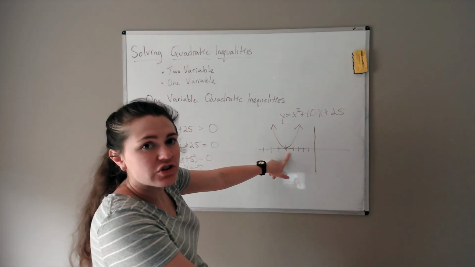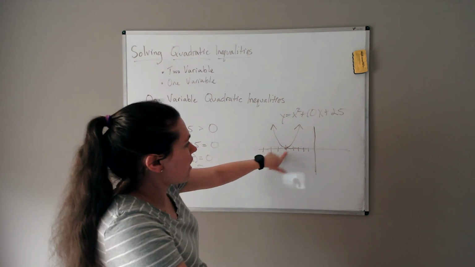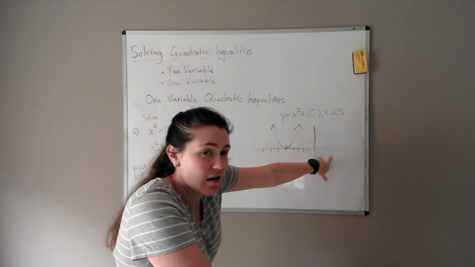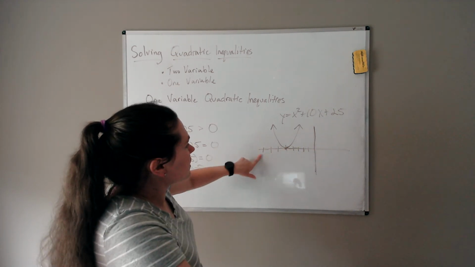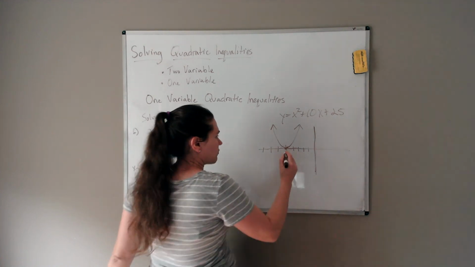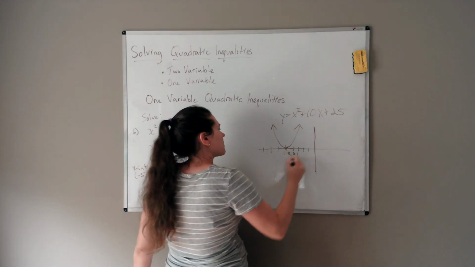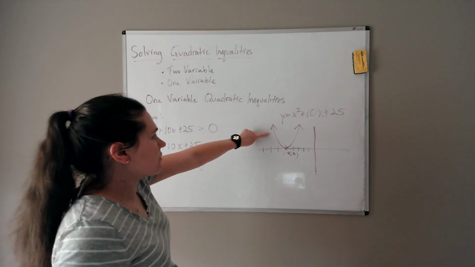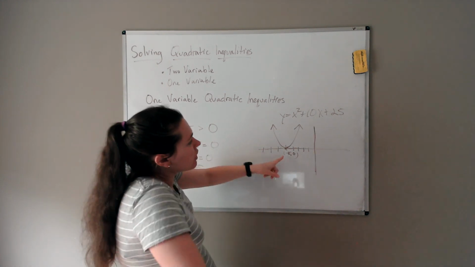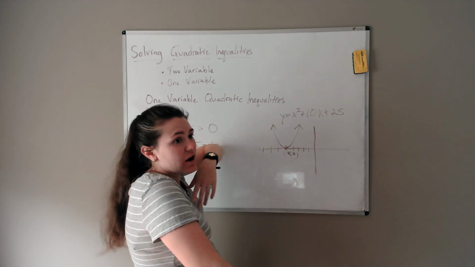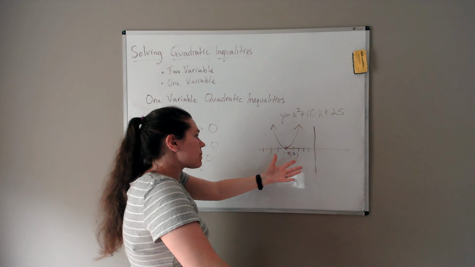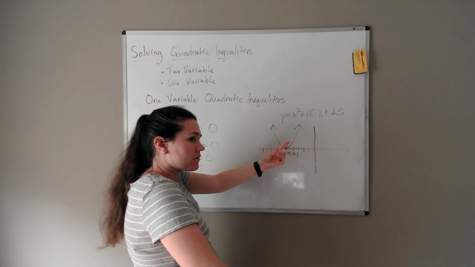So the regions are to the left of -5, to the right of -5. Everywhere to the left of when x equals -5, your outputs are all positive.